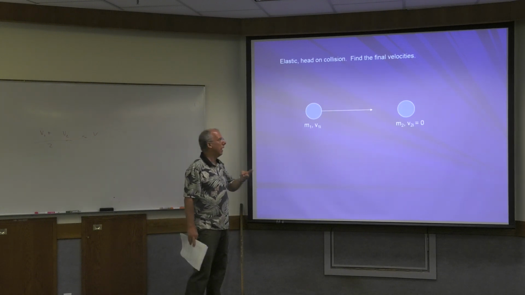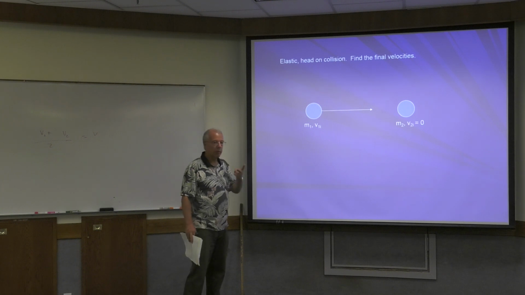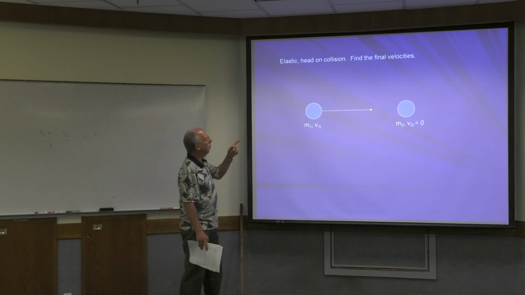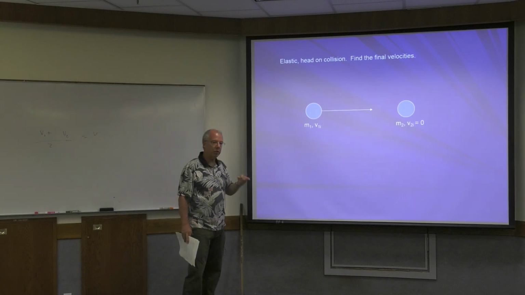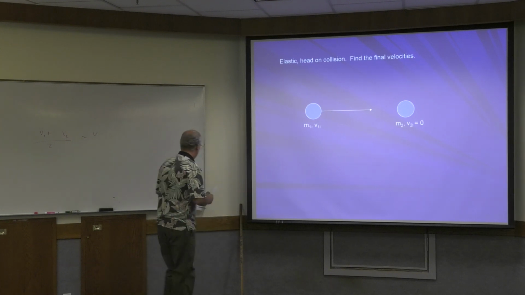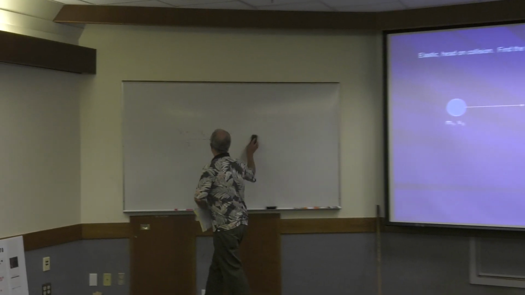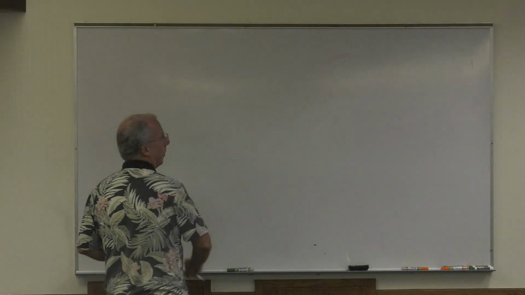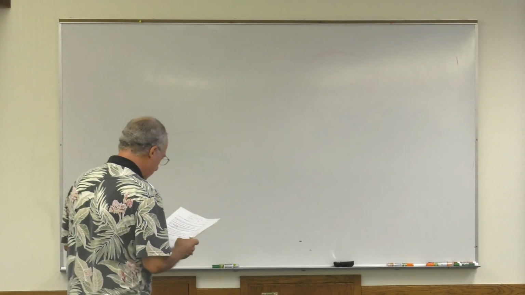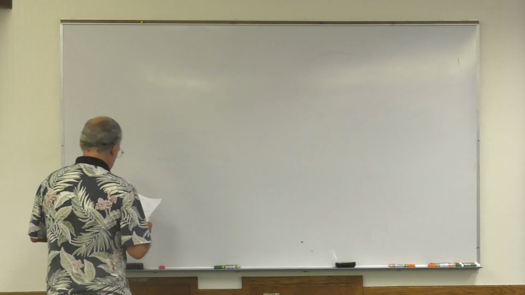Well, it's an isolated system. We're assuming that. So momentum is conserved. We're told it's elastic, so kinetic energy is also conserved. And what we want to do, like it says, is find the final velocities. Okay, so let's do it.